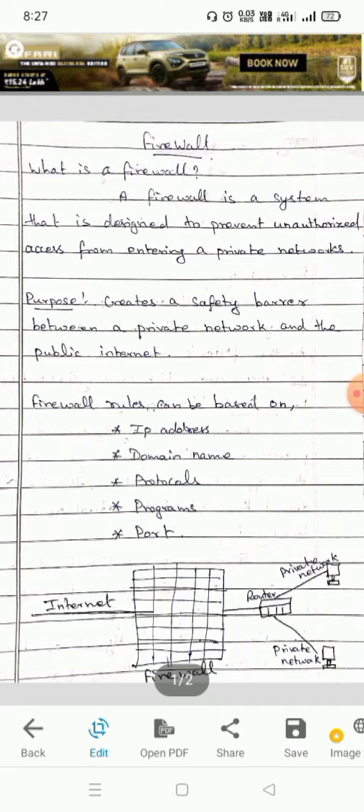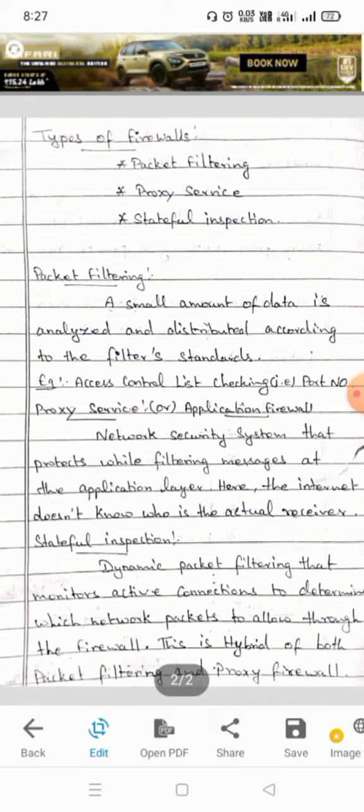Next we move on to the types of firewalls. There are three types: packet filtering, proxy service, and stateful inspection. The first one is the packet filtering firewall, which restricts packets. When we download files on the internet, the files are downloaded in packet format, and each packet has some amount of data.